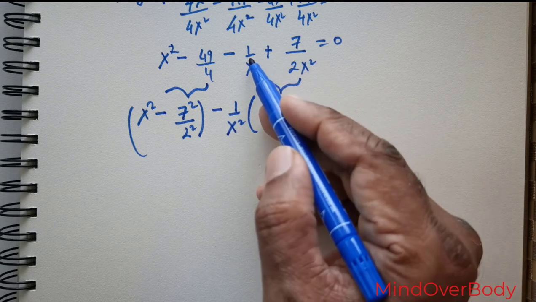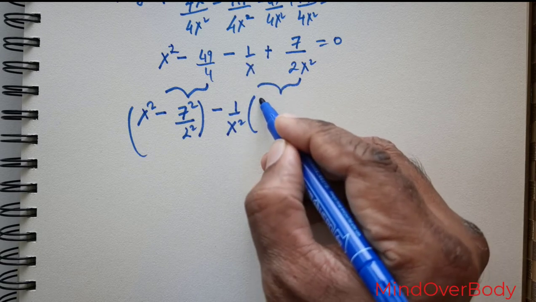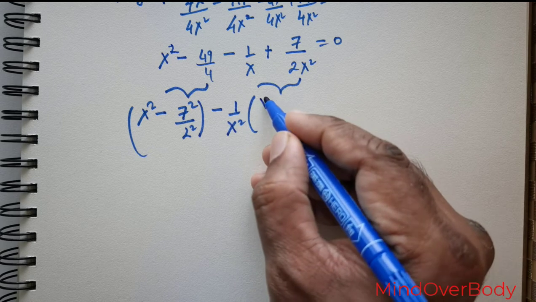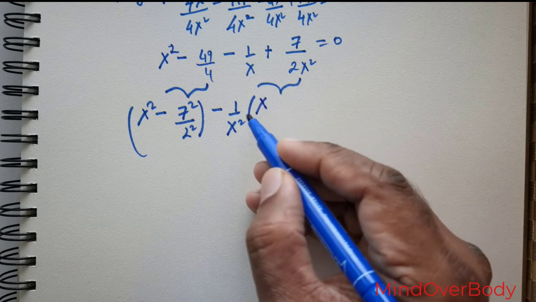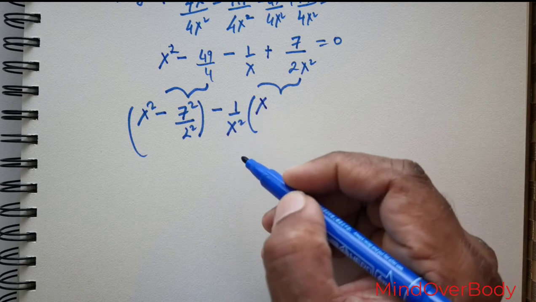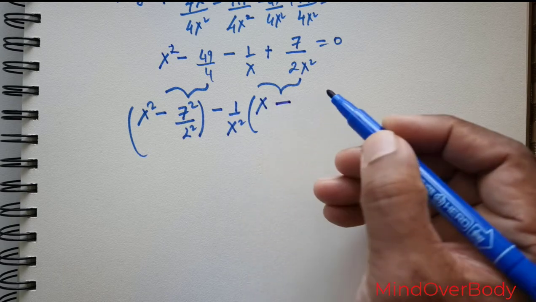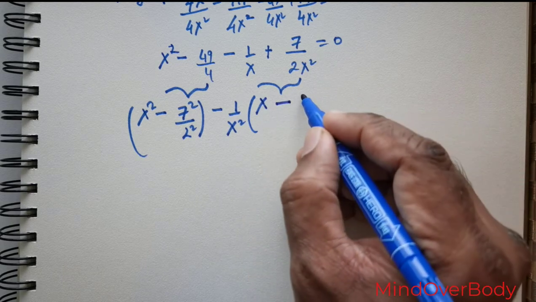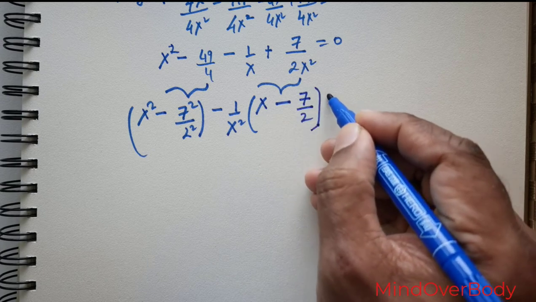But for the other term, it's only 1/x, so I would have to place an x here, because x multiplied with -1/x^2 gives me -1/x, followed by a negative sign, and it has to be followed by 7/2 equal to 0.